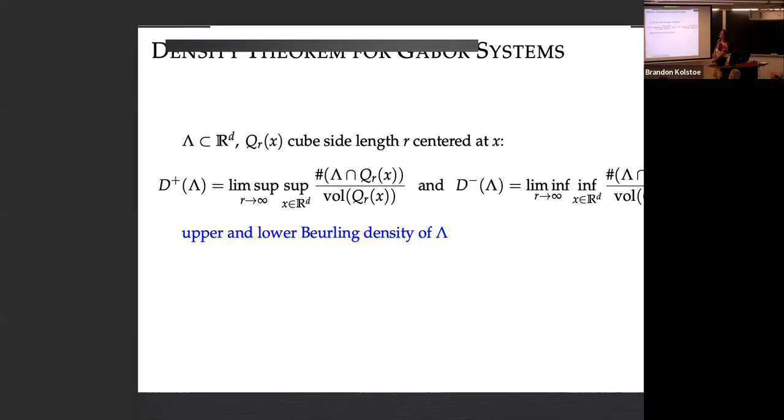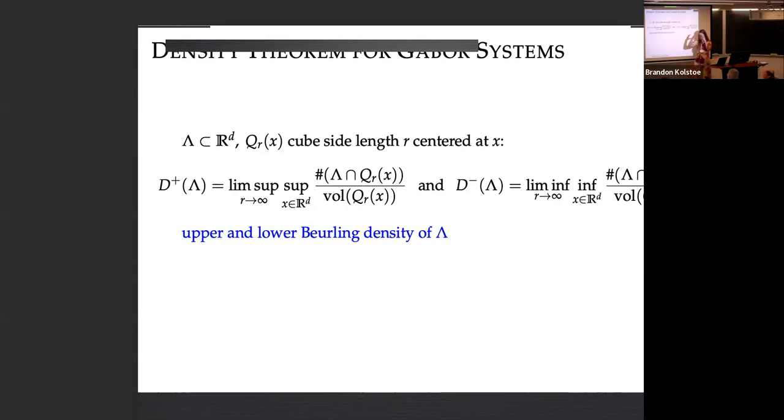Okay, so we're trying to think about what are necessary conditions for us to have a Gabor system that has certain frame-like properties. And we're looking here in the case where our locally compact abelian group is just Euclidean space, R^d. We're going to define lambda to be a subset of R^d, and Q_r(x) to be the cube with side length r that's centered at x. Then we have 2 very parallel definitions. I'm going to define the one on the left here.